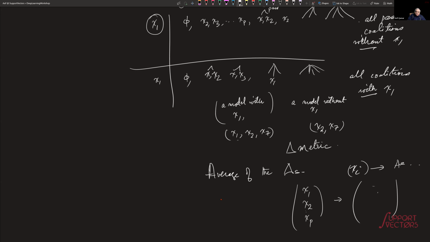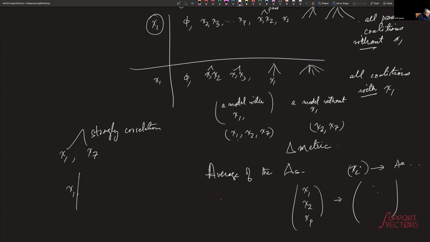So let's take this thing. Suppose X1 and X7 are strongly correlated. When you're comparing, just look at X1.